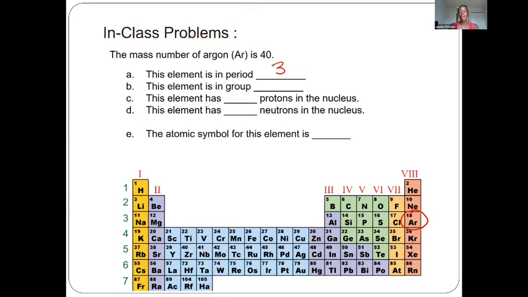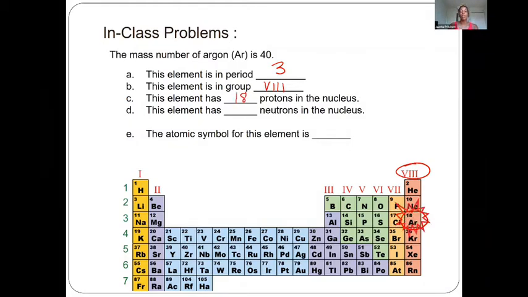The element is found in group 8. And when we're writing our groups, we always show them in Roman numeral format. The element has how many protons? Well, remember that protons is equal to the atomic number. So this would have 18 protons.